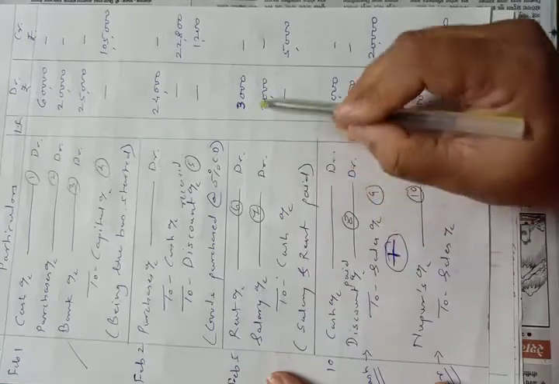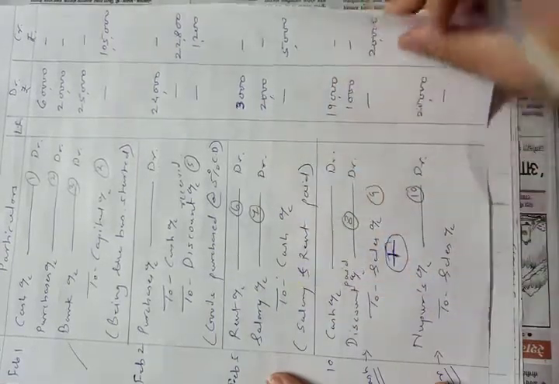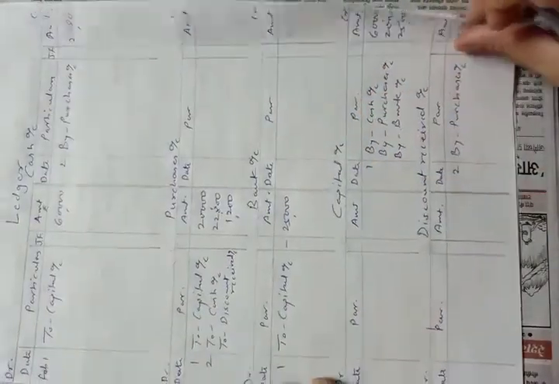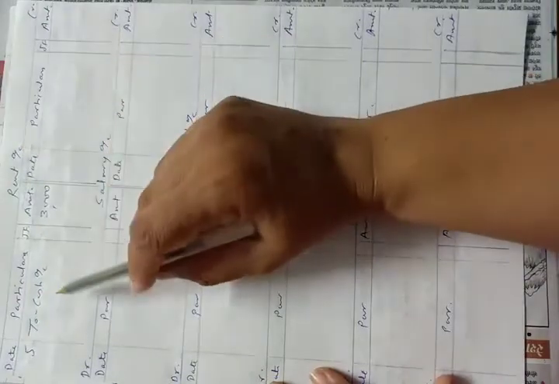Rent account debit 3,000 to cash account means debit side of rent account on 5th Feb, debit side of rent account to cash account 3,000. Second posting, debit side of rent account to cash account means credit side of cash account by rent account 3,000.